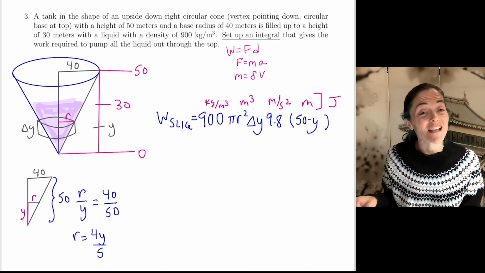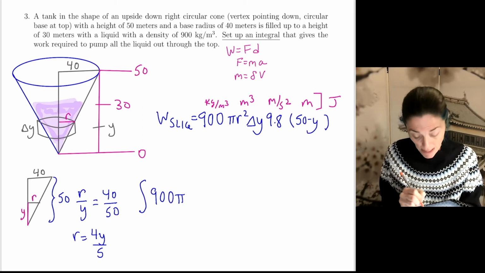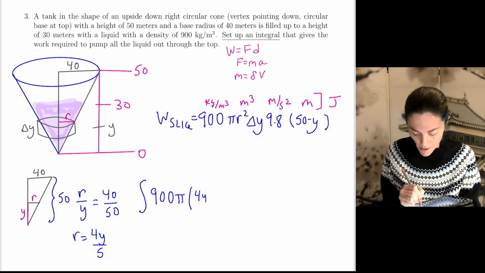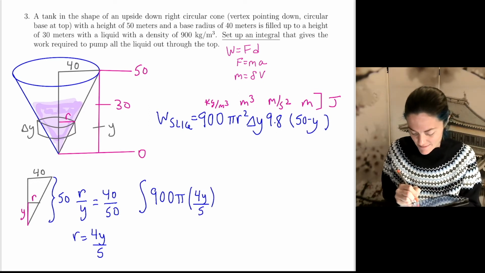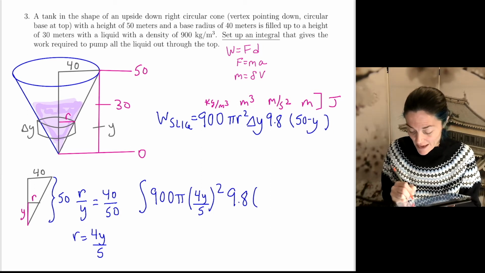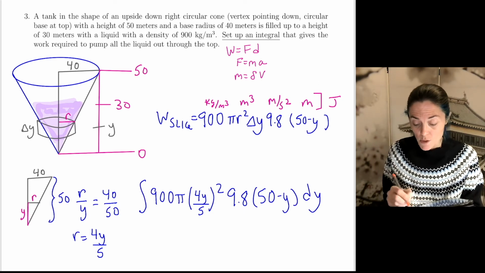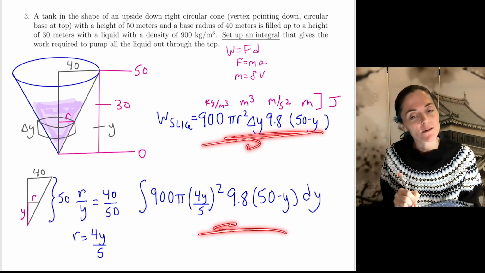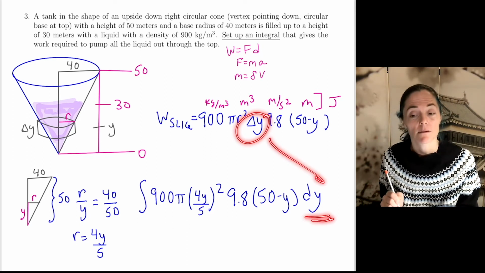But I think I'll go ahead and write down my integral. All of this I write down, except instead of writing r, I will write 4y over 5. Then we have 9.8, and then 50 minus y. When we go from Riemann sum notation to integral notation, this delta y, in the limit, becomes dy.